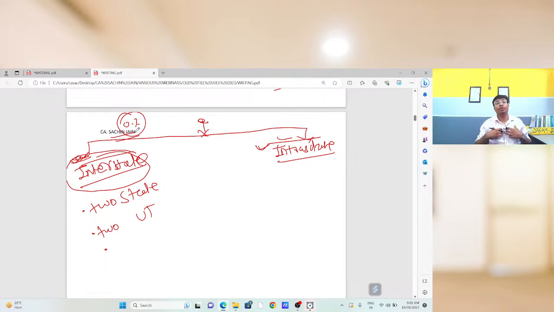Suppose I am in Jodhpur, Rajasthan, and the special economic zone is also situated in Rajasthan. In that case, that supply should be called intrastate supply. But as per the specific provision, when the SEZ unit is also in the same state, the same supply is to be considered as interstate supply and IGST should be charged, but the rate will be 0%.